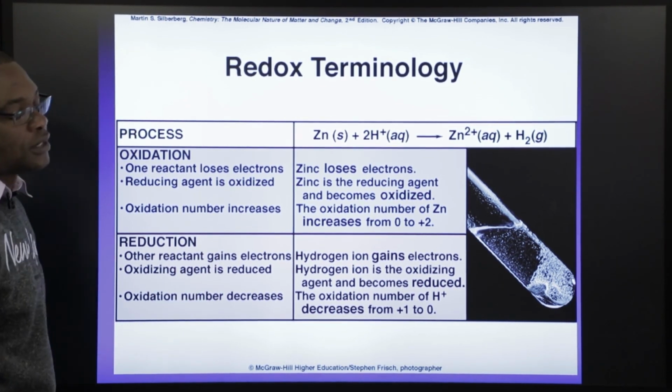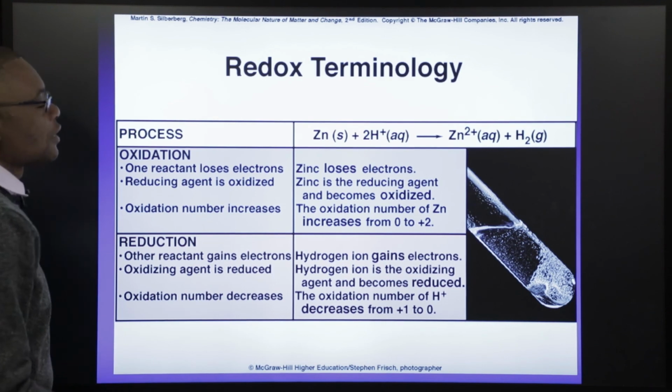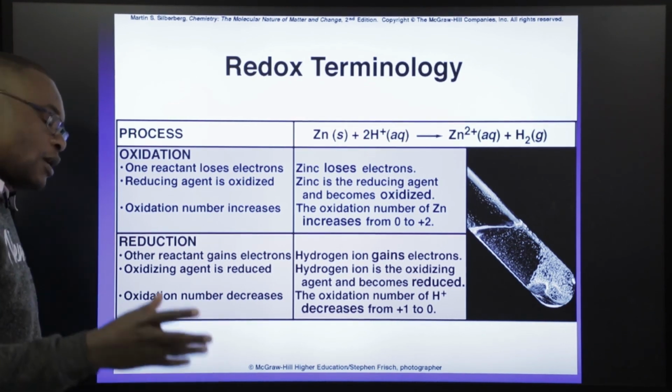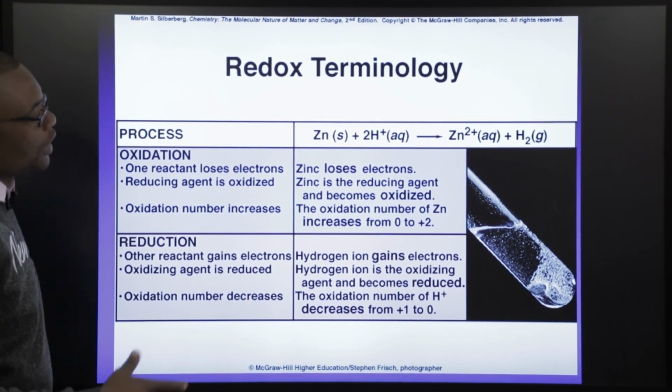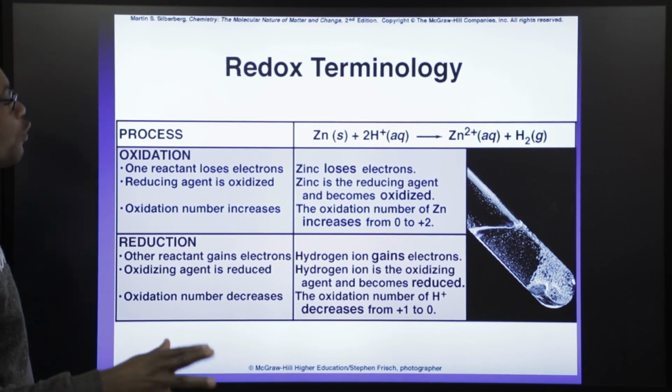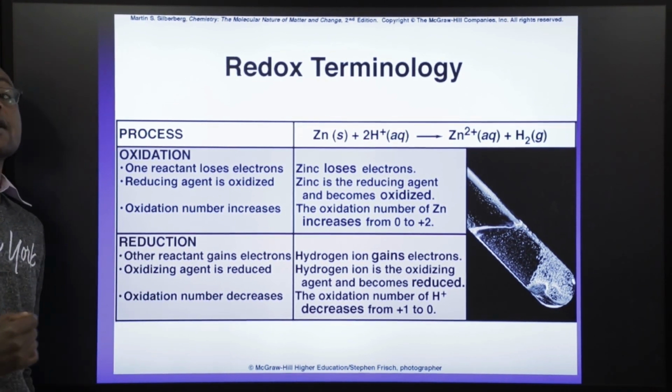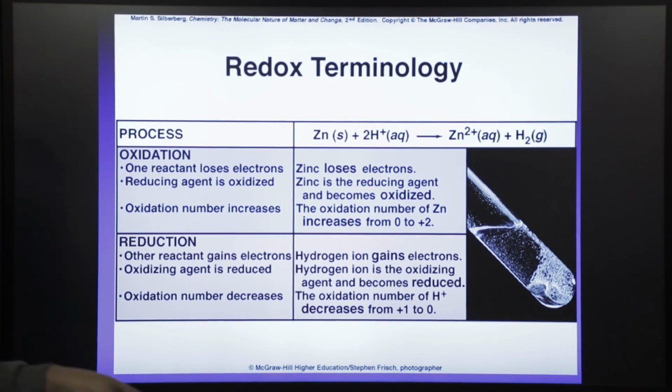Zinc, a solid, reacts with a proton or an acid to give zinc 2+, and the proton picks up the 2 electrons and bubbles off as a gas. We saw that yesterday when we were doing an experiment in the previous session, adding a magnesium ribbon to hydrochloric acid.